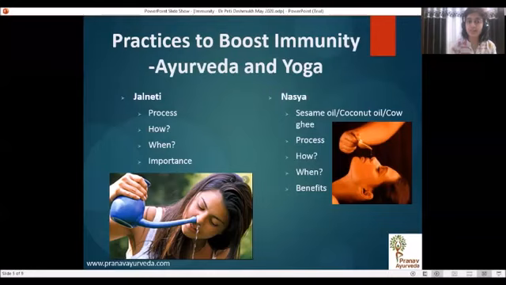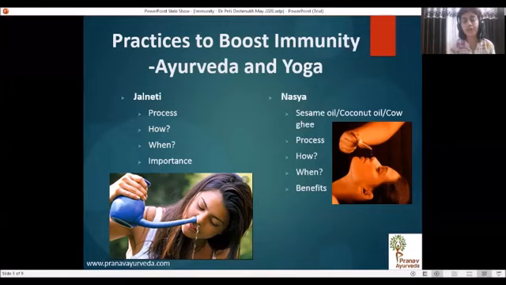This process can be performed as shown in the picture, and it helps in clearing the nasal passages. It helps to remove the mucus as well as helps in building the local nasal immunity.